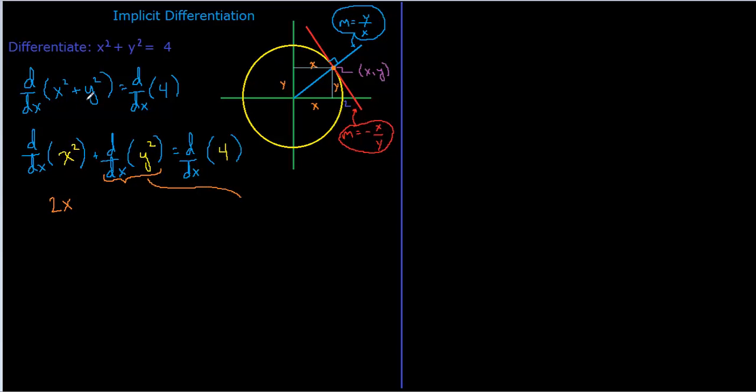So remember that the chain rule tells us that d dx of y squared is the derivative of y squared with respect to y times dy dx.